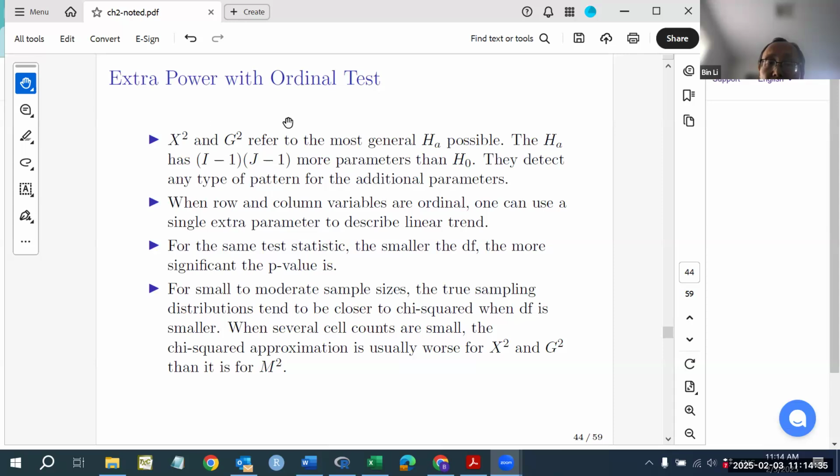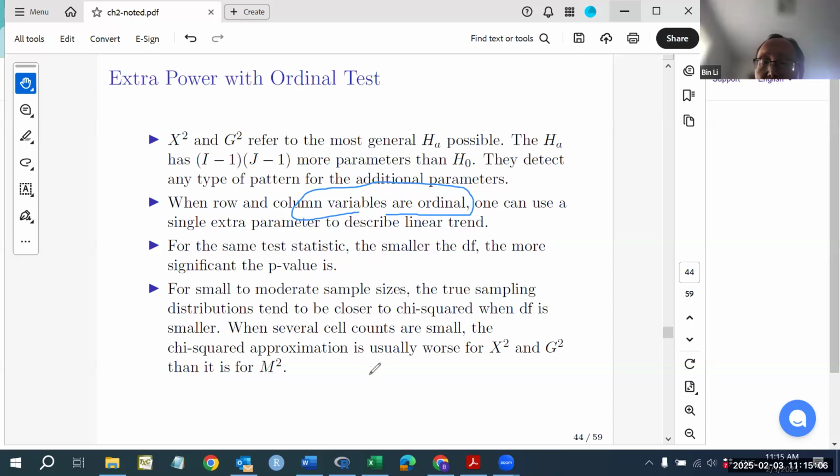This shows why we need to use the M-squared test here, because it can give us extra power with the ordinal test. So where does the extra power come from? First, the alternative is more specific. Second, it utilizes the order information from the row and column variables.